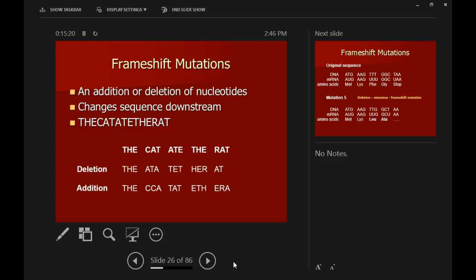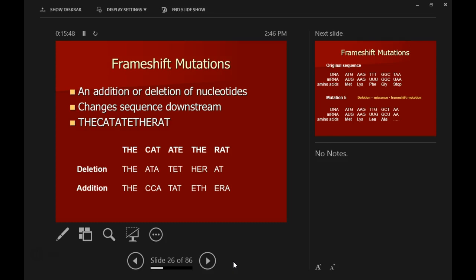Frame shift mutations that come from additions and deletions are often the most devastating of all the types of mutations. They can wreak havoc on proteins. So one of the worst things you can do is do some deletions and insertions. They can really change what's happening to a protein.